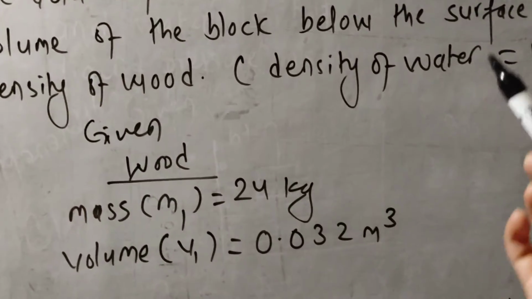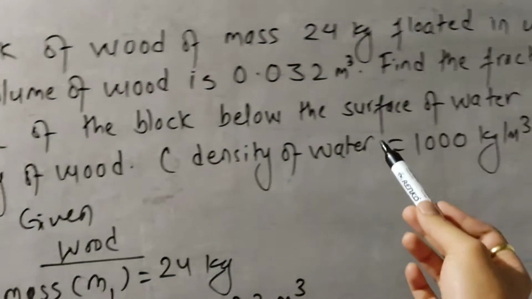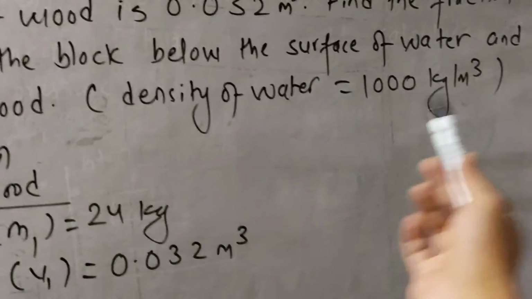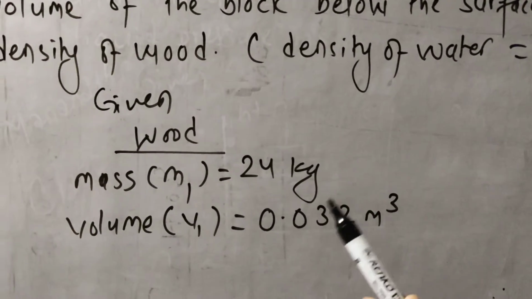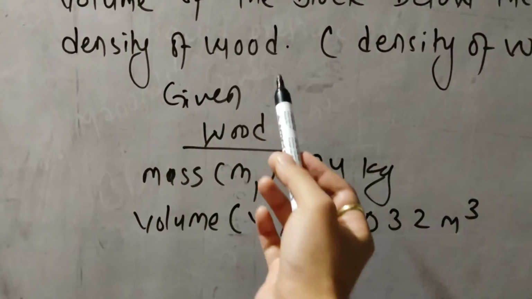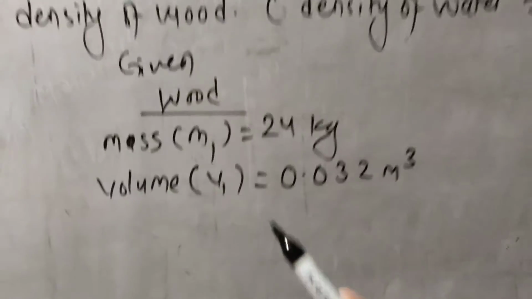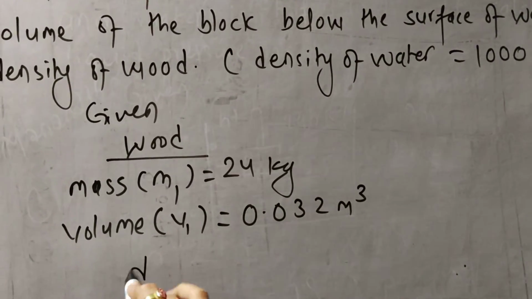Now we need to find out two things: the fraction of the volume of the block below the surface of water, and the density of the wood. You must know the formula of density, which is mass by volume. The mass of the wood is given and the volume is also given, so we can easily calculate the density of the wood. Now we use the formula d1.